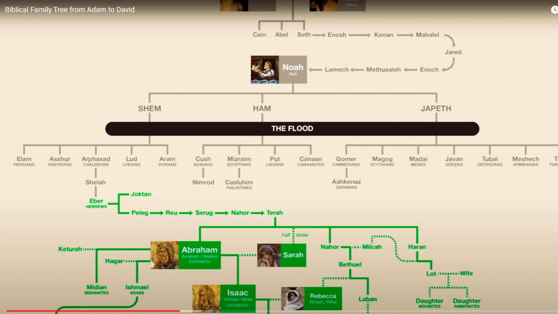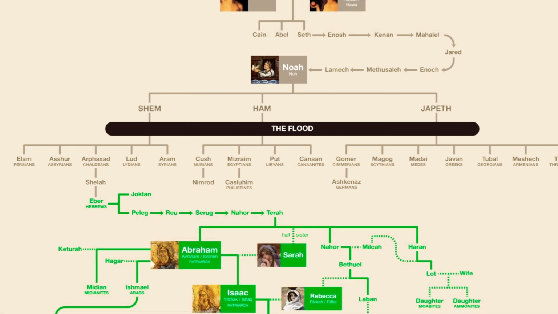So according to them, the various nations of the earth that they were familiar with could in fact be explained using a simple family tree. And that's what the next part of the biblical family tree is. A family tree of nations. Shem had 5 sons, Ham had 4, and Japheth had 7.